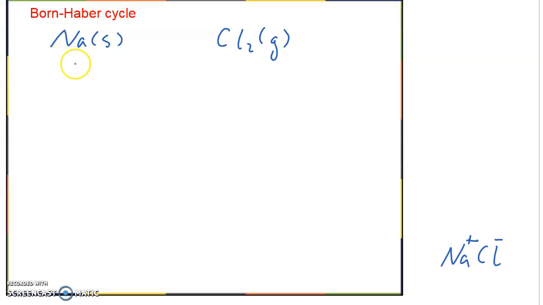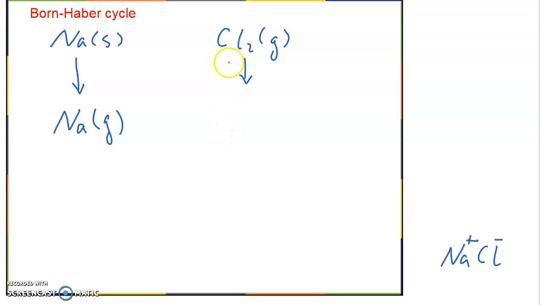Sodium solid, the first thing it needs to do is, we can either melt it or we can sublimate it. So sodium solid can become sodium gas. We know what energy that is from the literature. This is the sublimation energy from solid to gas. Over here, the chlorine gas, what can I do with this?